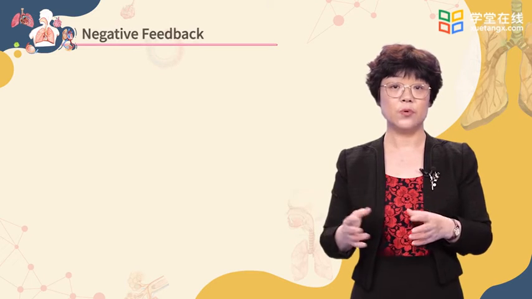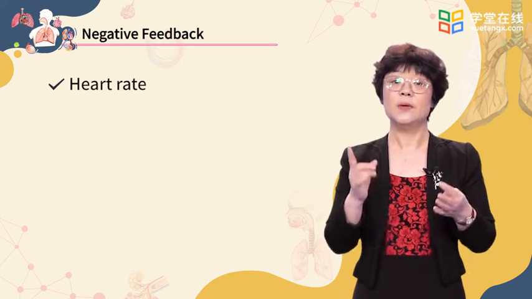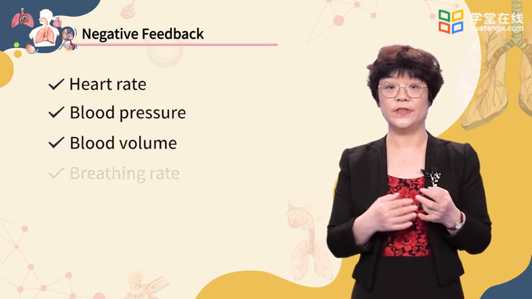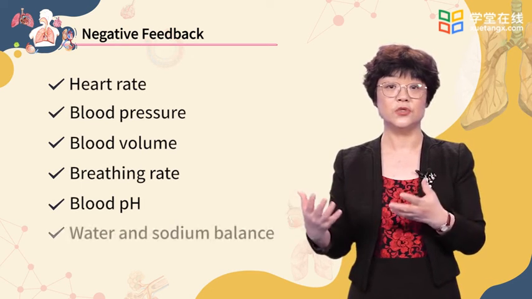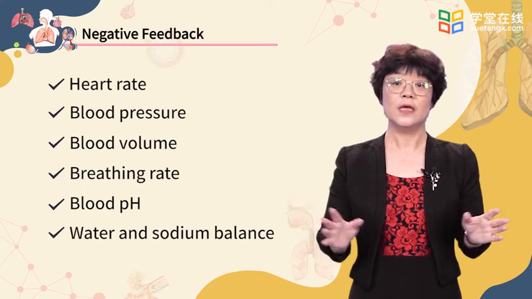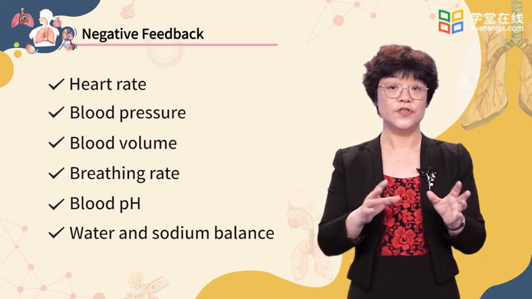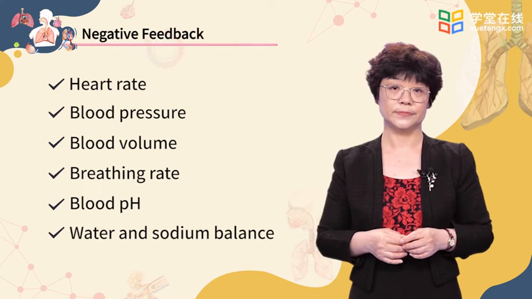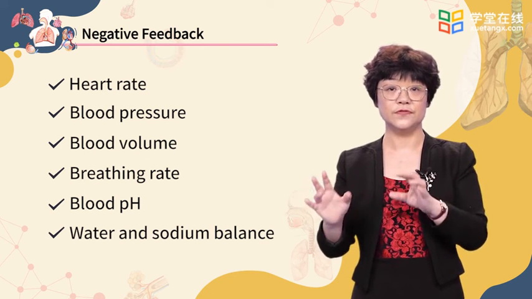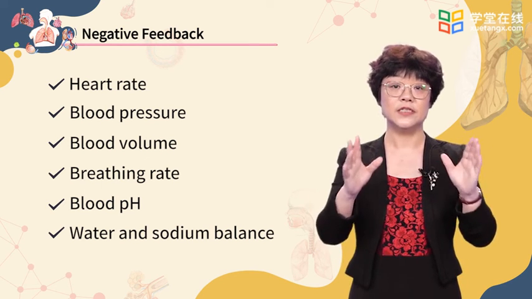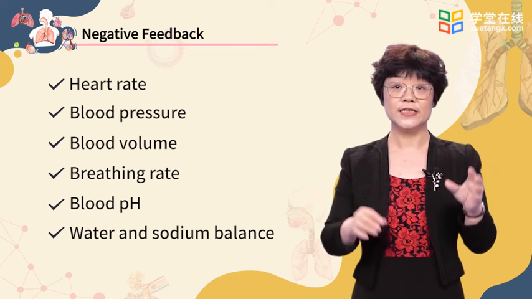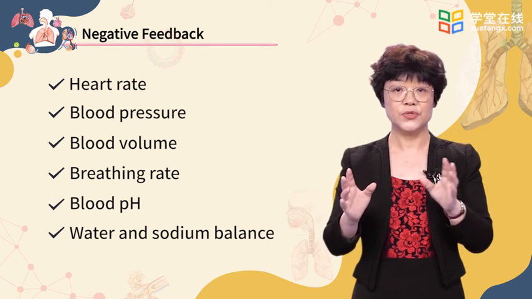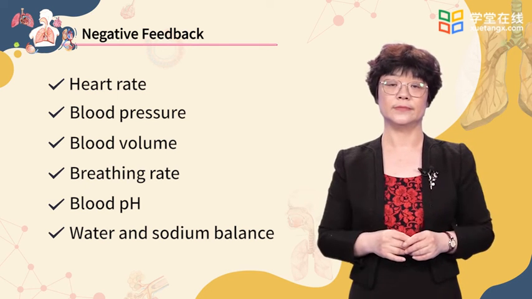In addition to body temperature and blood glucose, other examples such as the heart rate, blood pressure, blood volume, breathing rate, blood pH, water and sodium balance, etc., are all maintained at physiological ranges by means of negative feedback. And all these negative feedback mechanisms have the same goal: preventing sudden big fluctuation within the body.